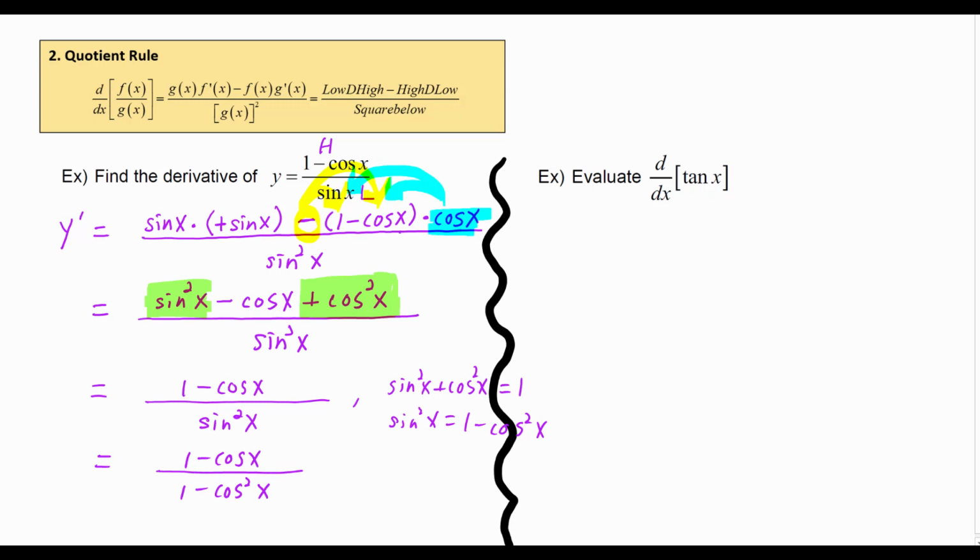Because then 1 minus cosine squared x is 1 squared minus cosine squared x. So it will be factored as a minus b times a plus b. So it will factor 1 minus cosine x times 1 plus cosine x. So then I will have a common factor to cancel. So my final answer then is 1 over 1 plus cosine x.